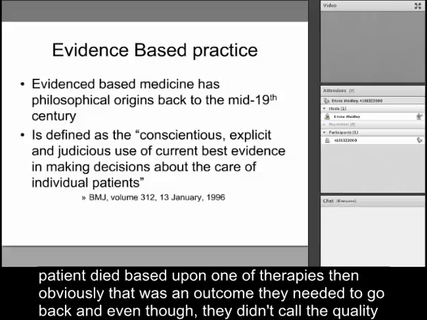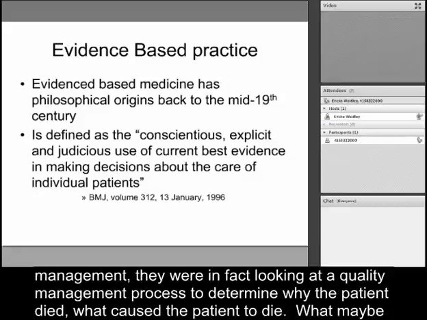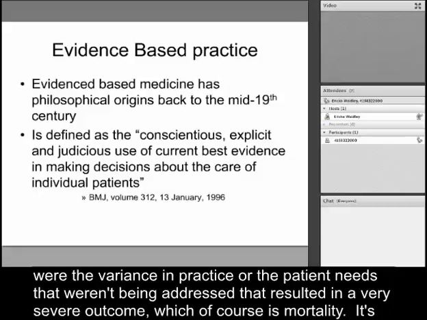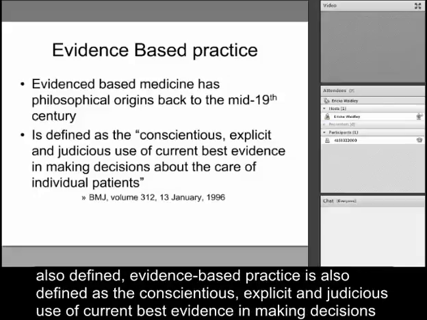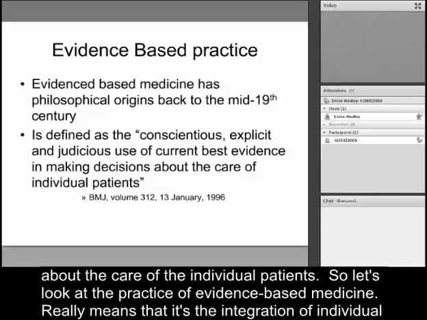And even though they didn't call it quality management, they in fact were looking at a quality management process to determine why the patient died, what caused the patient to die, what maybe were the variances in practice or the patient needs that weren't being addressed that resulted in a very severe outcome, which of course is mortality. Evidence-based practice is also defined as the conscientious, explicit, and judicious use of current best evidence in making decisions about the care of the individual patients.